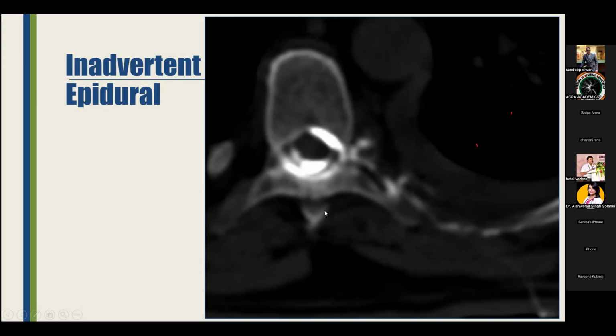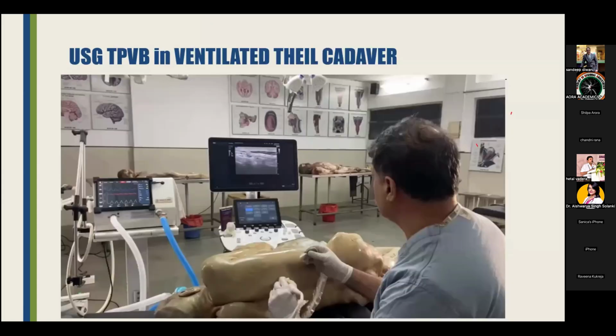So you need to be very careful when you do thoracic paravertebral blocks in clinical scenarios. The probe placement as well as the needle placement need to be perfect, and you have to be highly vigilant. The pulp of your fingers has to be very sensitive to the structures that they transgress when you start inserting or advancing your needles.